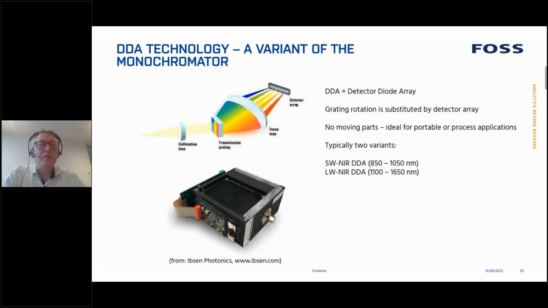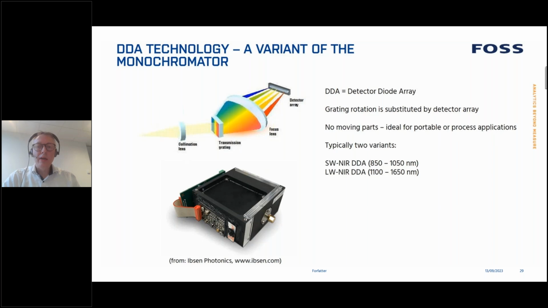The advantage of this kind of spectrometer technology is that there are no moving parts, so it's ideal for an environment where you have heavy vibrations, for instance, a process environment. Typically, the DDAs come in two variants depending on the detector technology. So you would have either the shortwave NIR range from 850 to 1050, or the long wave NIR range from 1100 to 1650.